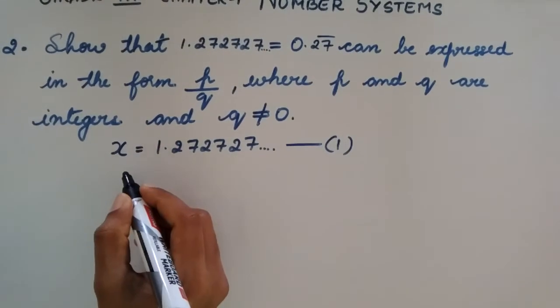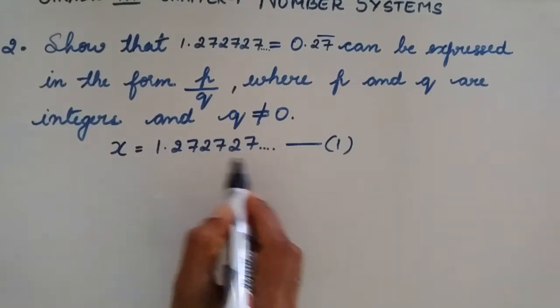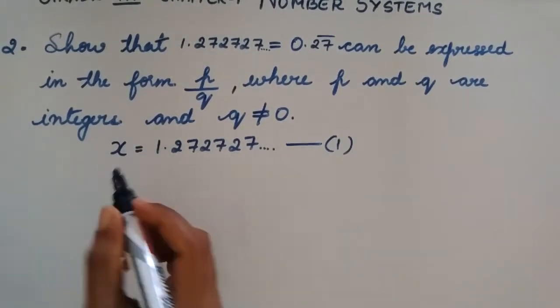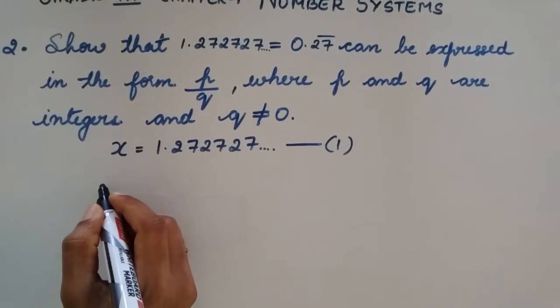So we have to multiply this equation both sides by 100.